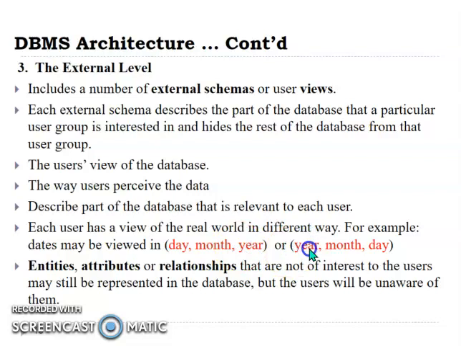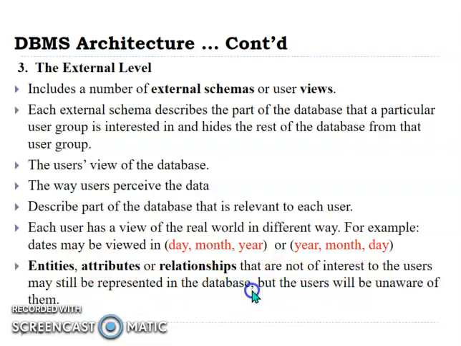But in the case of the second option, reverse year, month, day. So we have different options to view the data stored in a database. Entity attribute relationships that are not of interest may still be represented in the database, but the user will be unaware of them.